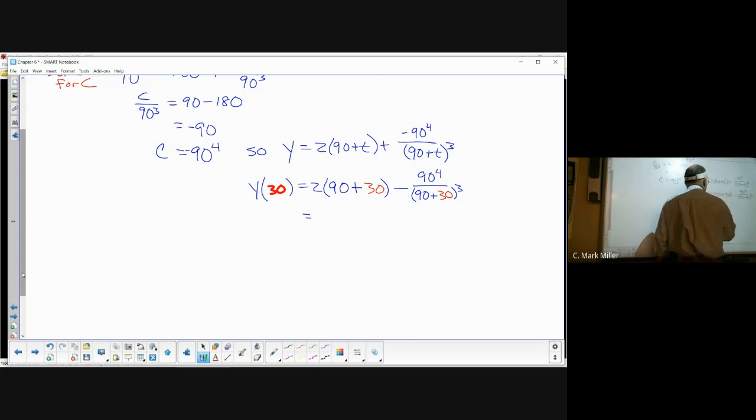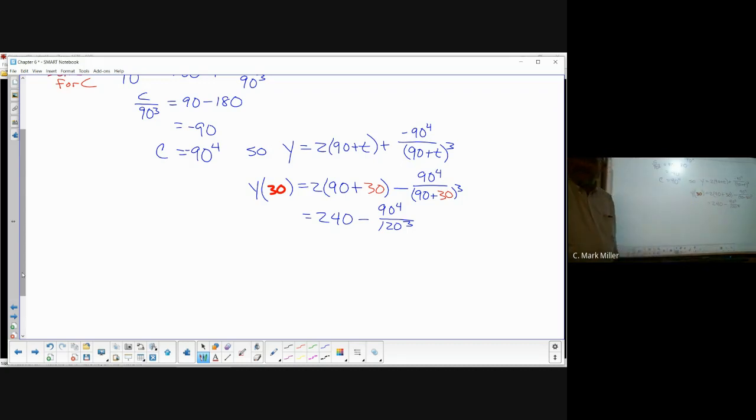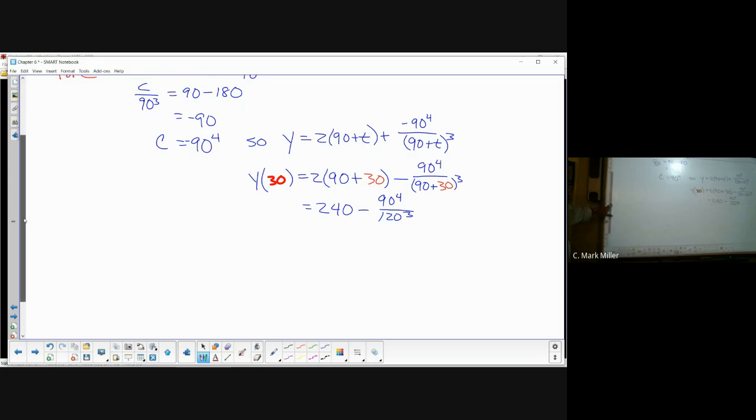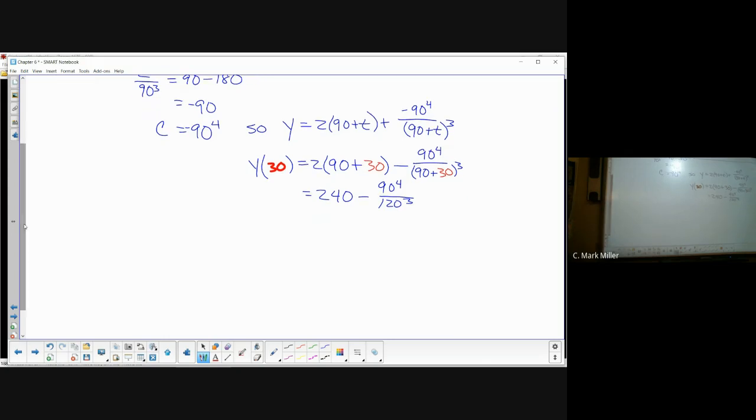So this is going to be, wow, 2 times 120 is 240 minus 90 to the 4th divided by 120 cubed. You should be able to simplify that. Let me see here.